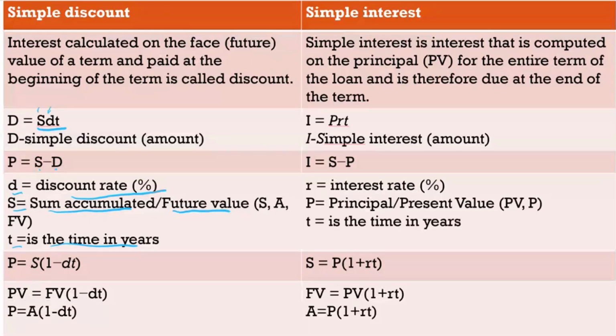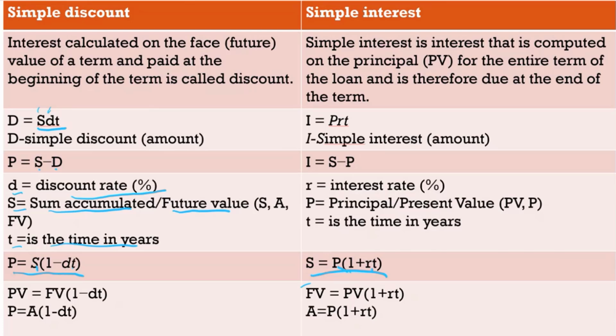Okay, so look at the formulas now. Compare the formula for the simple discount with the formula of the simple interest. For the simple discount, remember we said the discount is calculated on the future value. For this one, the interest rate is calculated on the present value, and you can see it's positive.